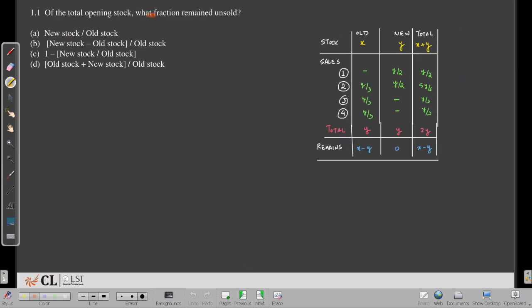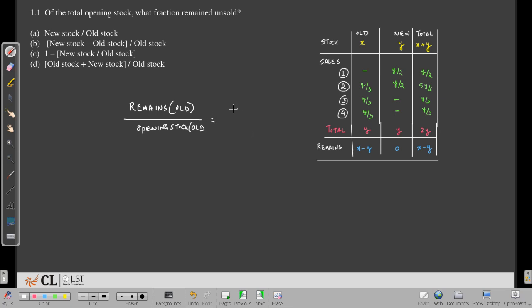Of the total opening stock, what fraction remain unsold? Of the total opening stock, which is equal to x, what remains is x minus y. So the question is essentially asking what remains of the old stock, divided by the opening stock, which is dealing with the old one.